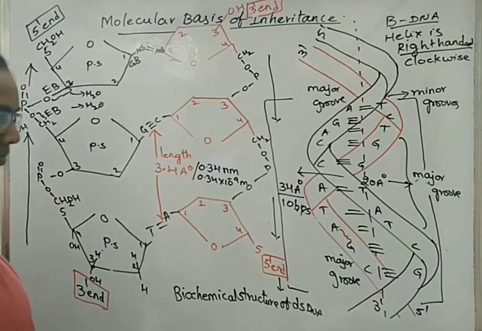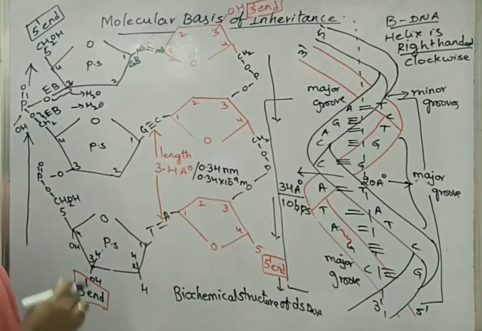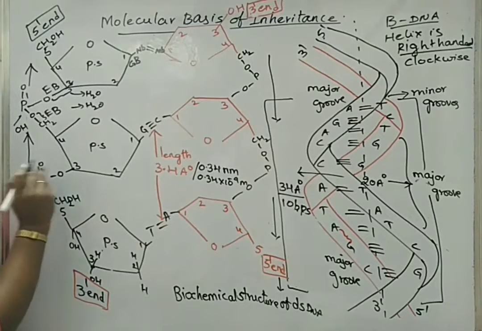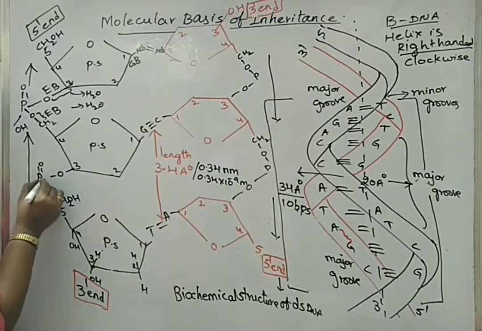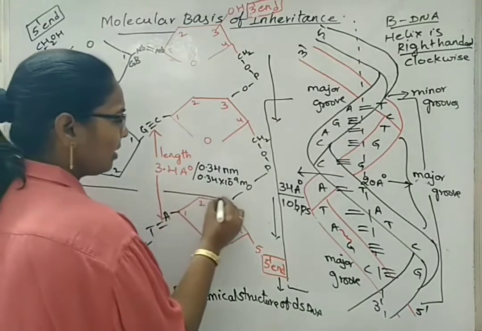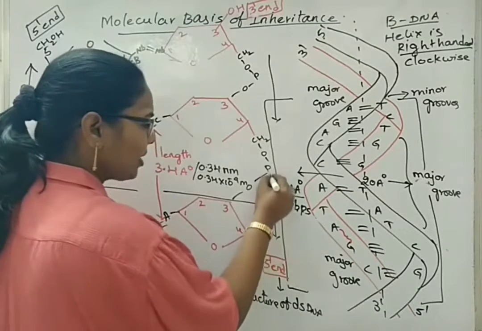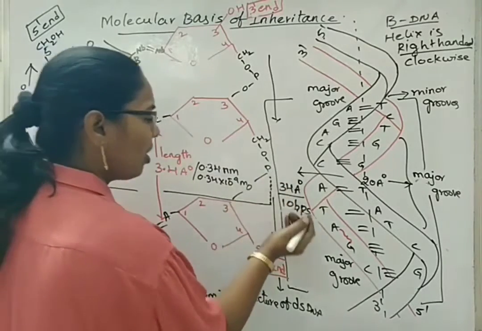Next, how did we finalize the diameter of a double-stranded DNA? See the distance between two phosphate molecules. Here is the phosphate molecule. We will start from here, and the line corresponding to the phosphate molecule on the other strand.